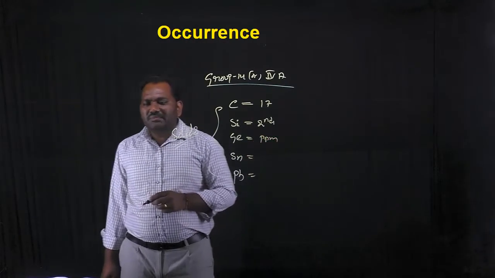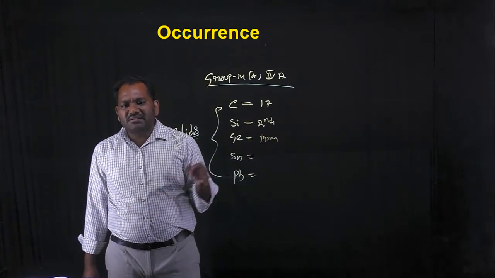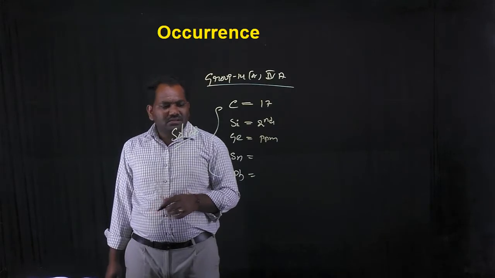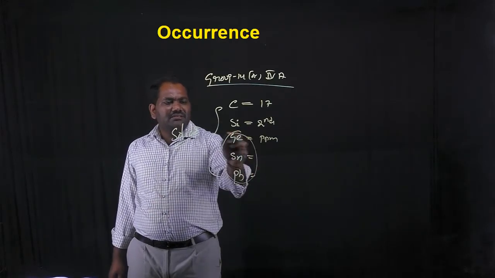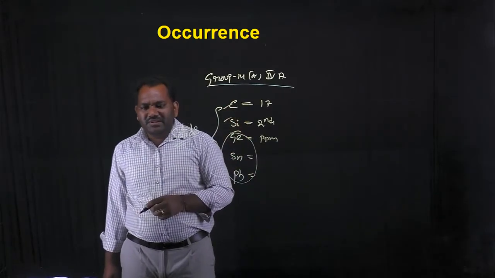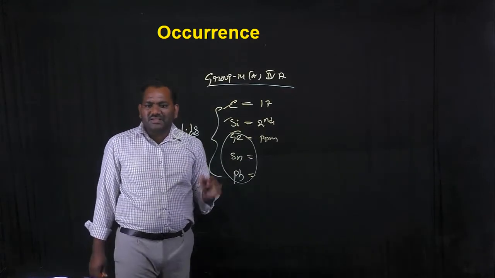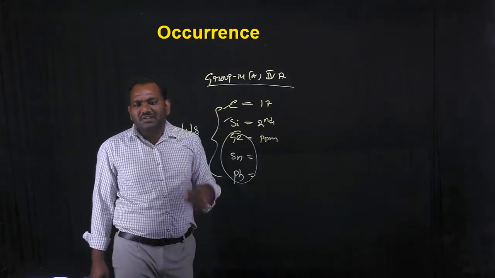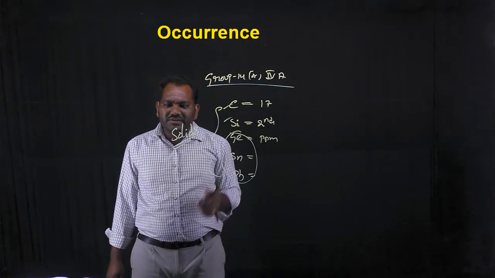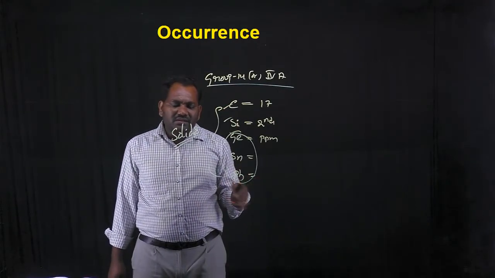They are available in ppm, parts per million or milligram per liter, so these are less abundant elements, while these two are more abundant. Among these group elements, silicon is the most abundant, next is carbon, then germanium, then lead and tin.